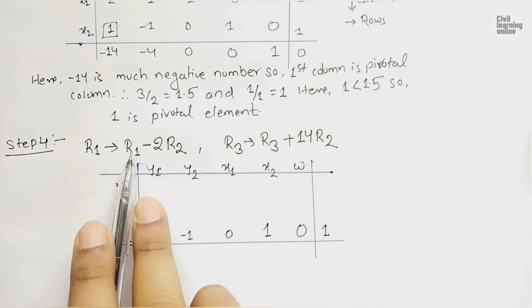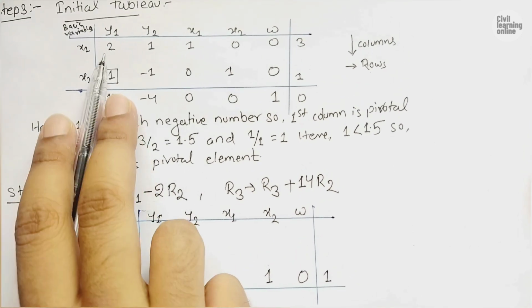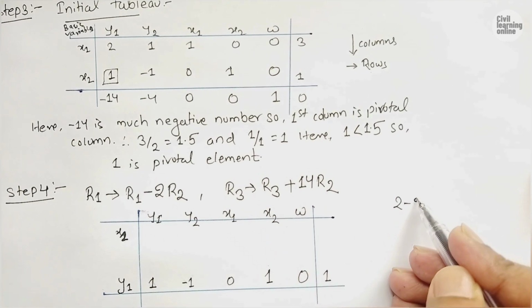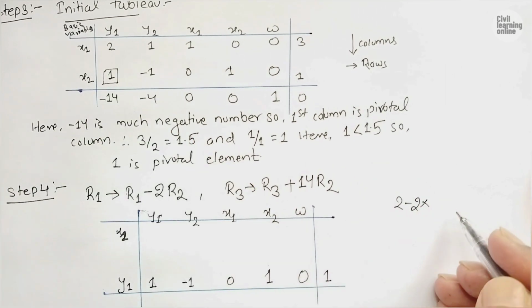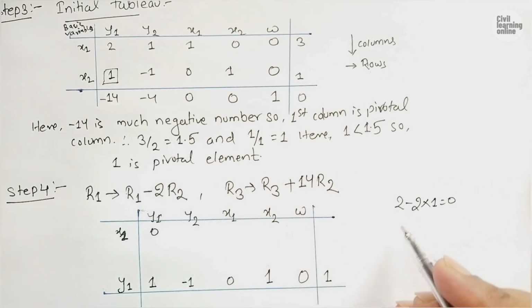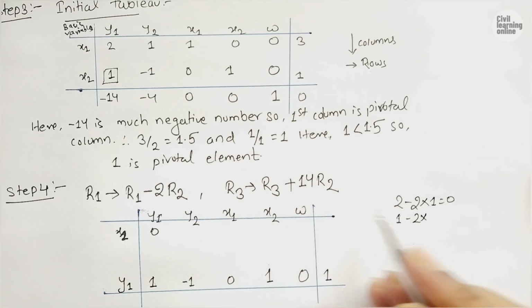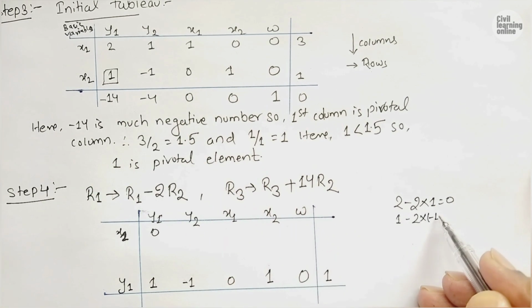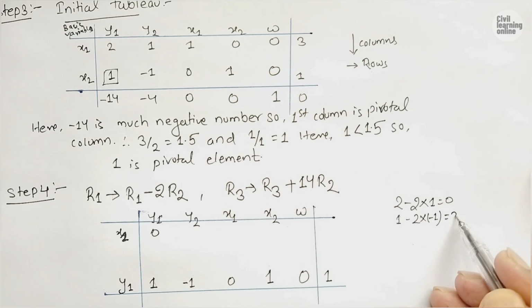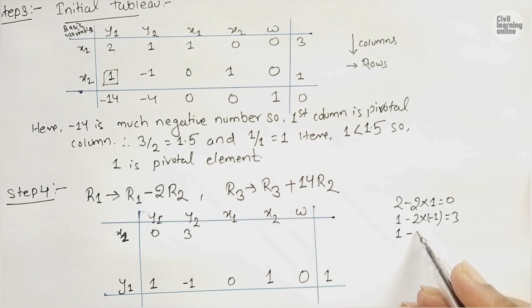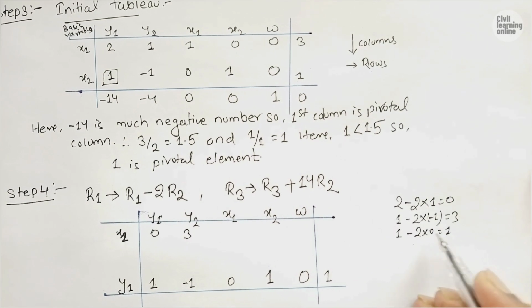Now we have to do the operation on R1. So R1 is 2 minus 2 times R2, which is 1, so this element gets 0. Similarly, we have 1 minus 2 times minus 1, so it will be plus, so we will have here 3. Now we have 1 minus 2 times 0, we will get 1.